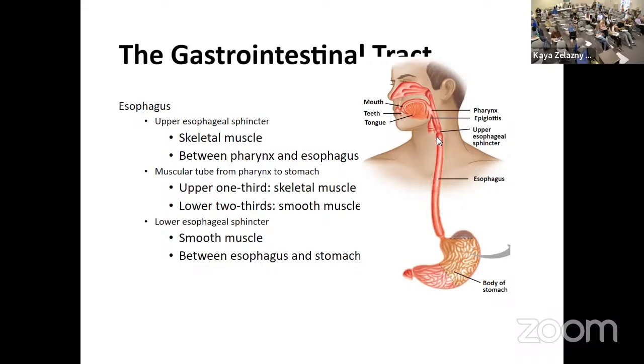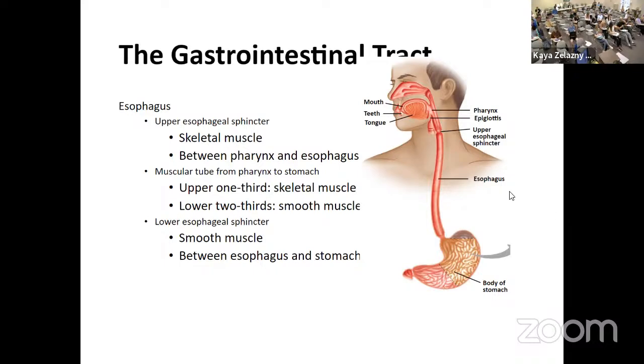We have a muscular tube then running all the way down to our stomach. And it's going to be made up of different types of muscle, depending how far down you are. So the upper third of this tube is going to be made up of skeletal muscle, so muscle you can consciously control.